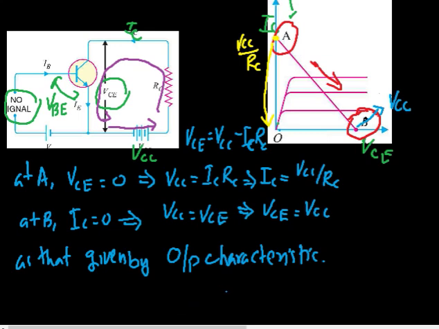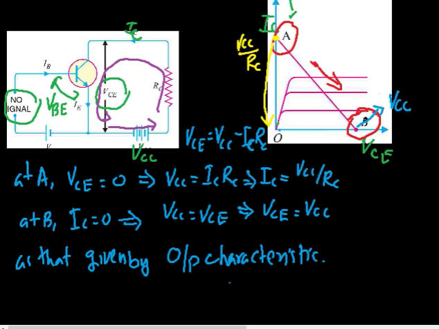So for different values of base current, we will have different values of collector current with respect to the collector emitter voltage. But if we draw the DC load line, we will get the values of collector current corresponding to the collector emitter voltage for different values of IB.